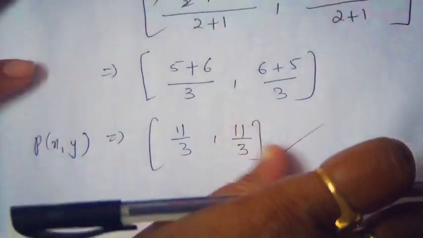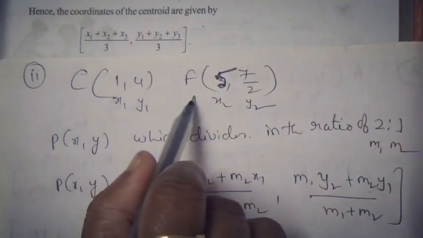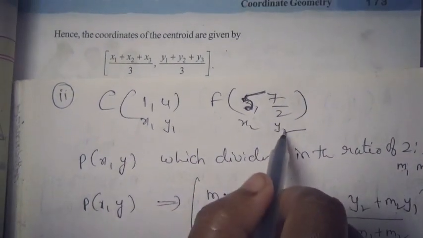Let us check CF also. In the same problem, in the third sum itself, the second sum. So C, what is the C point? (1, 4). This F point is (5, 7 by 2).